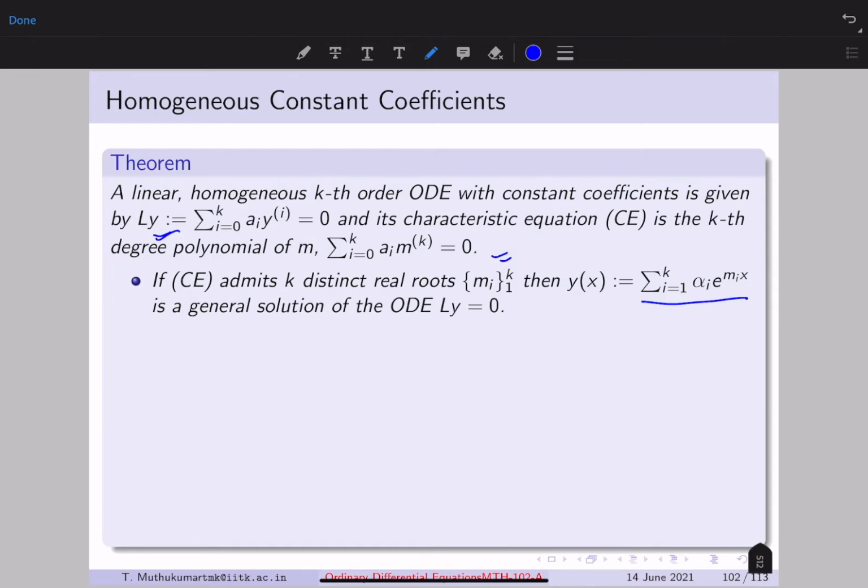That is the general solution of this ODE. As I said, this is a kth order ODE, which means it should have k linearly independent solutions.